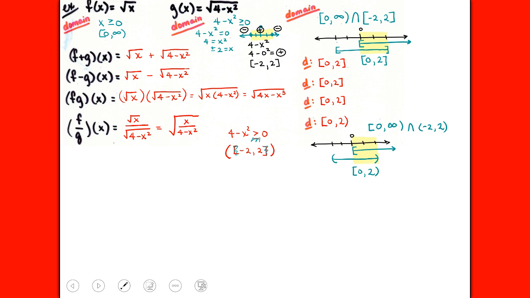So I still have the same overlap right here between 0 and 2. 0 is included on both of those functions, so I can still have a bracket with it. But 2 is not included, so I need to change it to a parenthesis. So in the end result, it's just a tiny little change that instead of having a bracket with the 2, I have a parenthesis with the 2. That's the only change to the domain, but that's the reason behind it. That's why we have that one change.